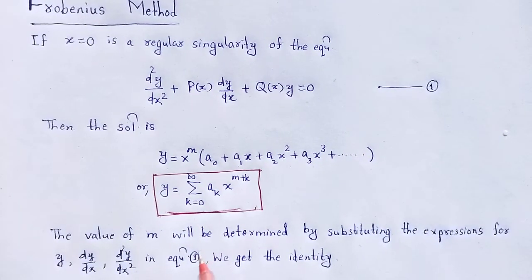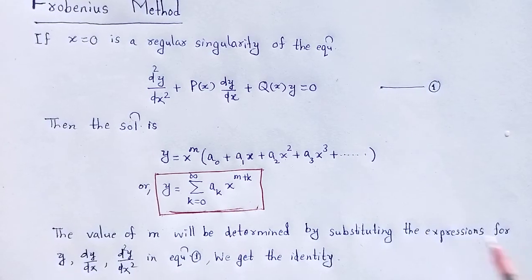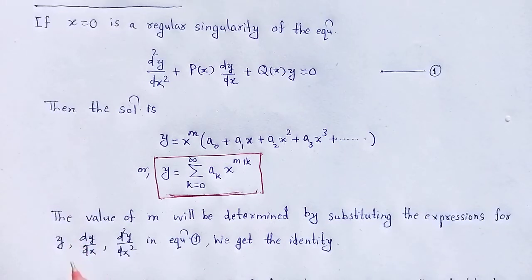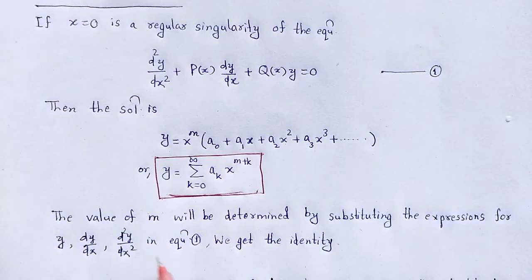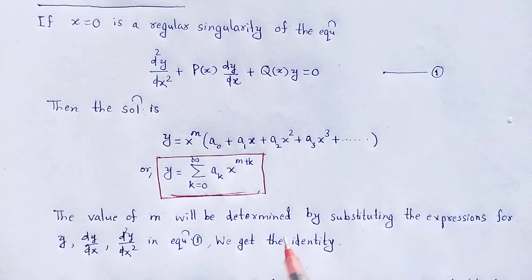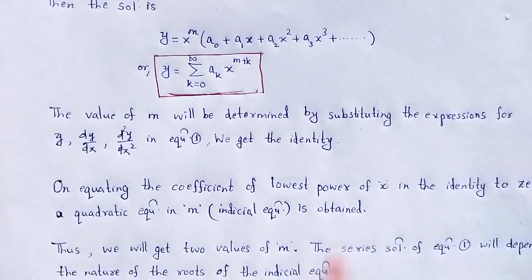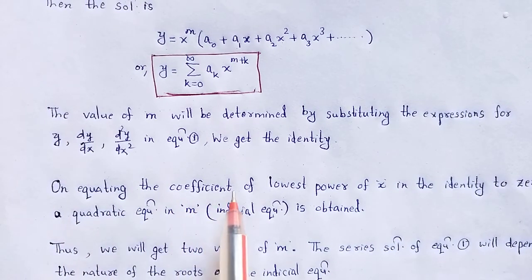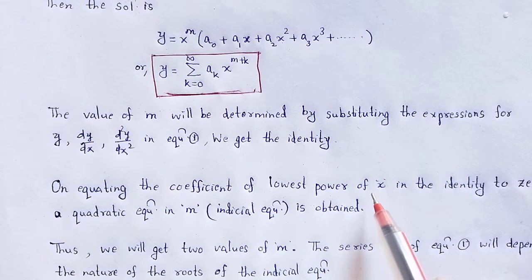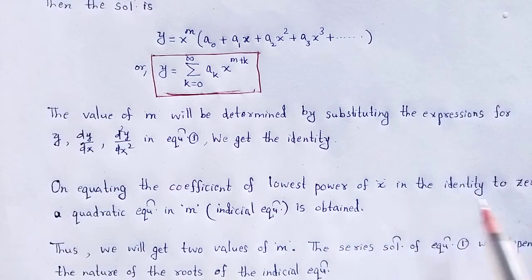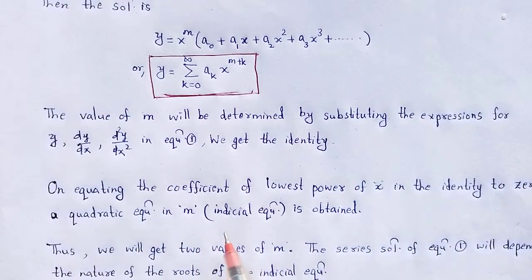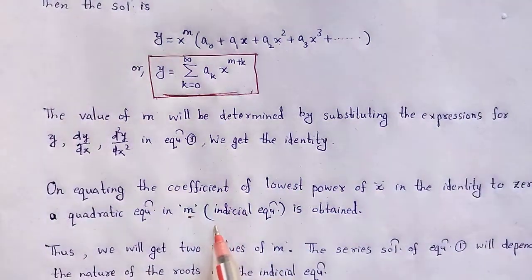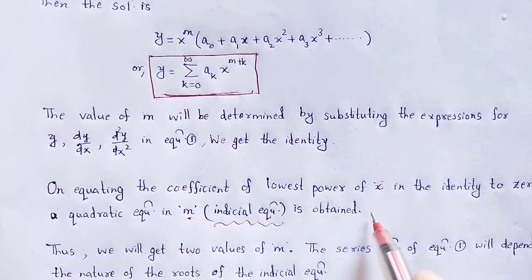Here the value of m will be determined by substituting the expressions for y, dy by dx, d square y by dx square in equation 1. We get the identity. On equating the coefficient of the lowest power of x in the identity to 0, a quadratic equation in m, which is known as the indicial equation, is obtained.